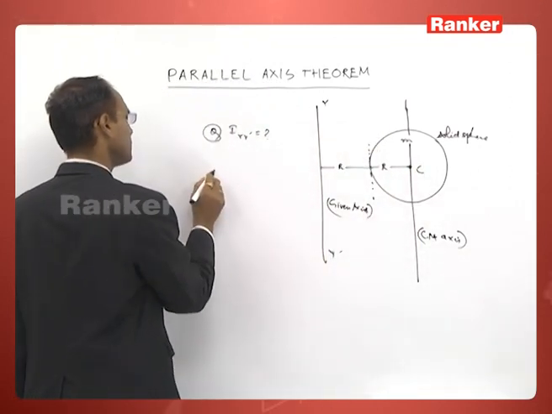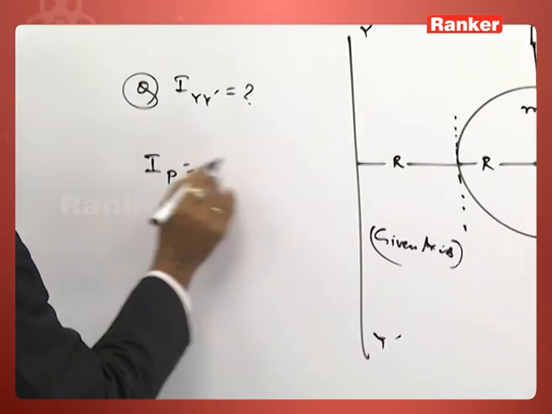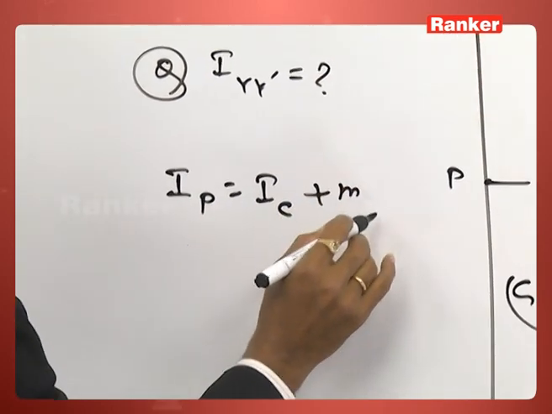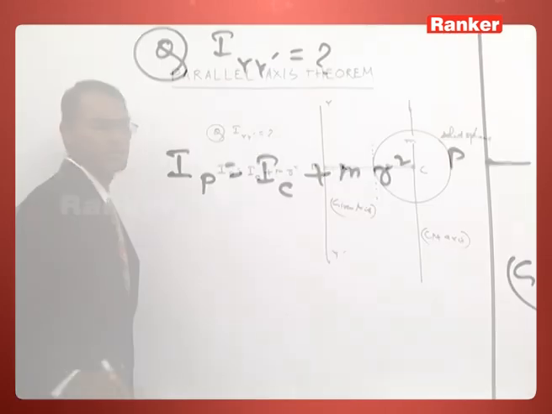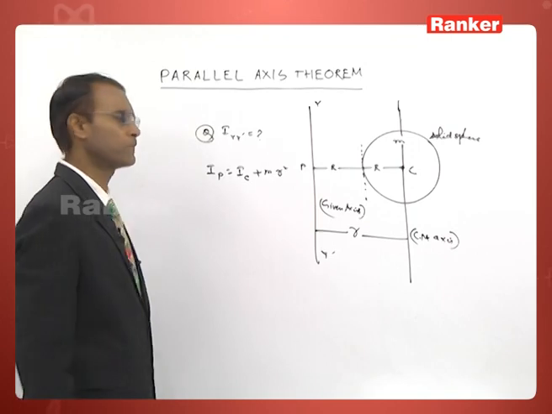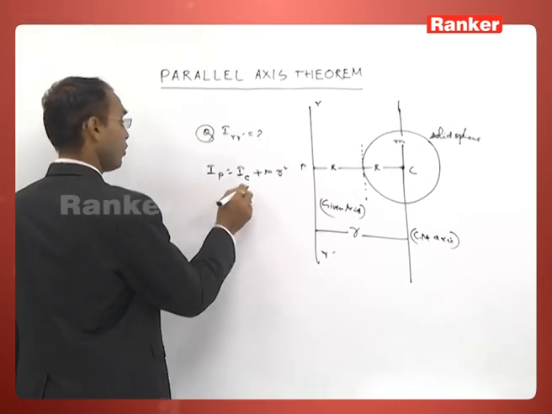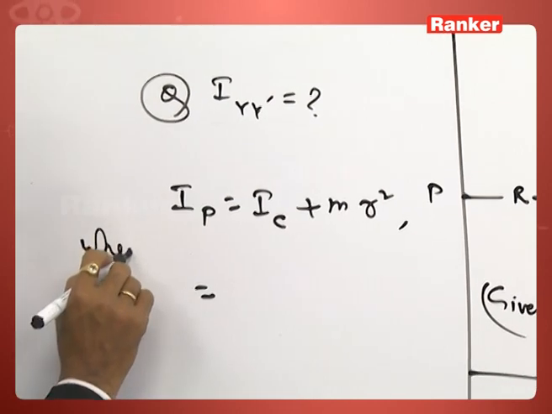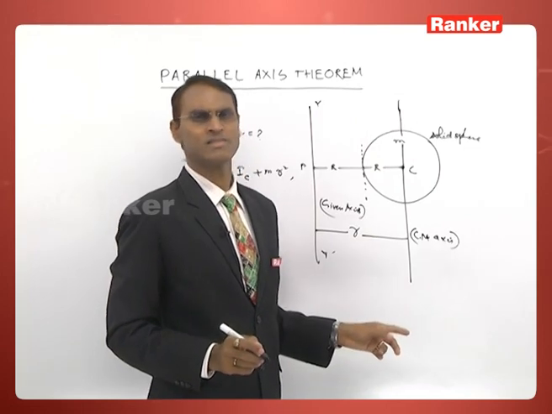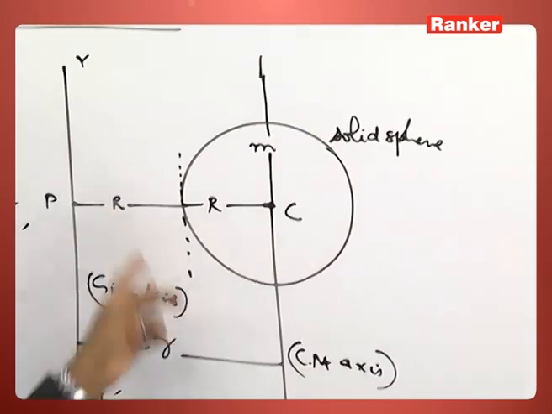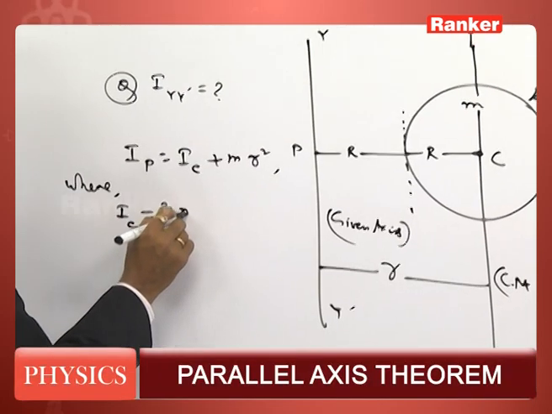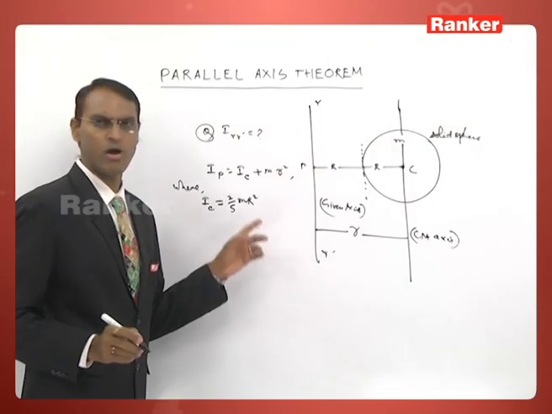The parallel axis theorem says that IP is equal to IC plus m r square. What is r? The distance between these two axes. We know that about the center of mass axis, the moment of inertia of the sphere is equal to 2 by 5 mr square, as we have done in the last class.